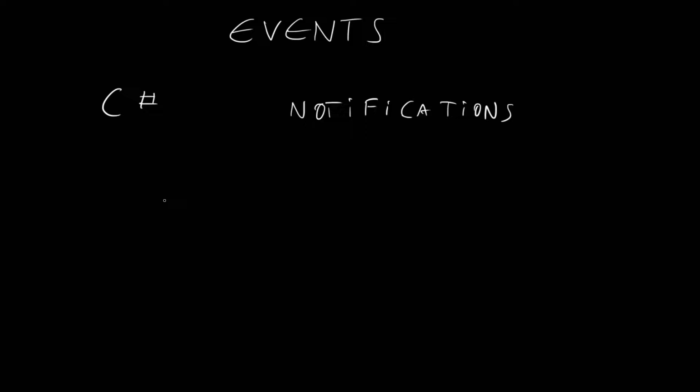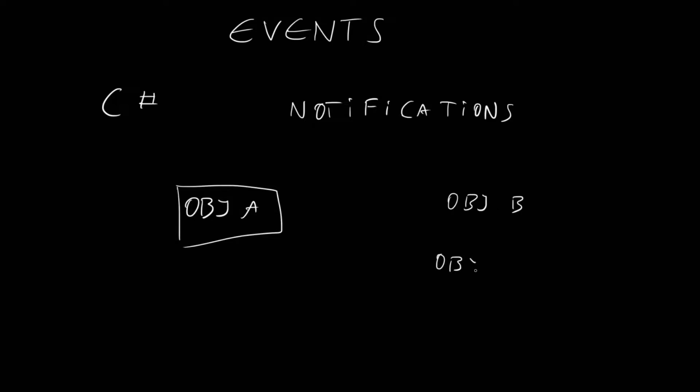We're basically talking about there's an object A, and something happens in object A, and object B, and object C, and object D, and so on, they want to be notified. And A wants to tell this to all of these, right?